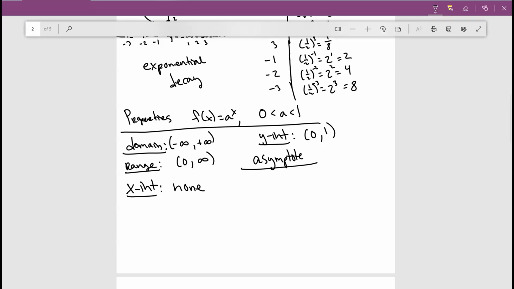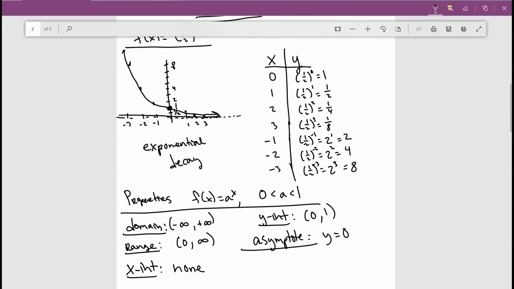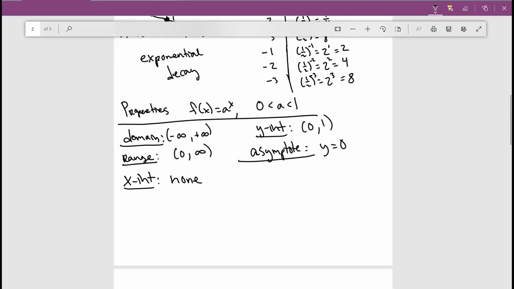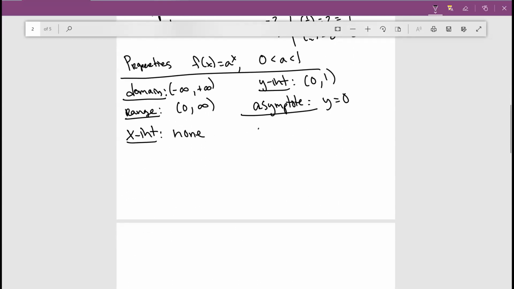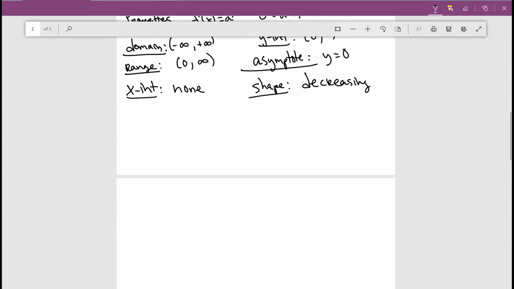You still have this imaginary line that the graph is never going to touch. My shape is now decreasing. It's no longer increasing anymore. What are some of the key points?